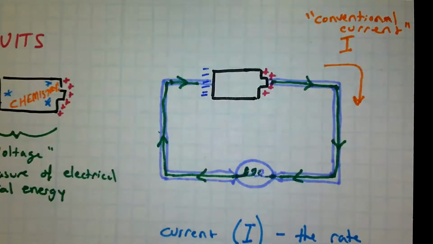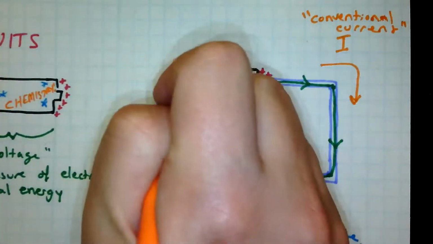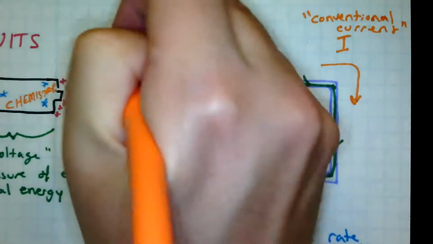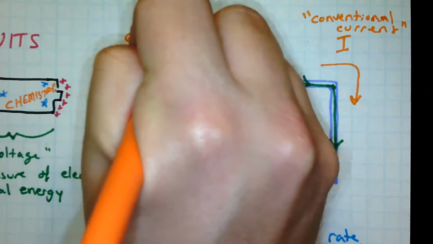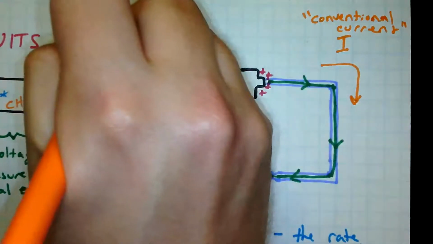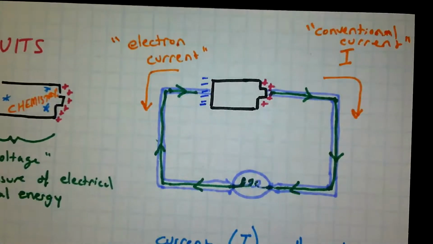Like I said, we know now that that's not really what happens. Really, it's the electrons that are moving. So there's something else called the electron current, and the electron current moves against the conventional current. So the idea is it's the difference between what's actually happening and the way we think about it.